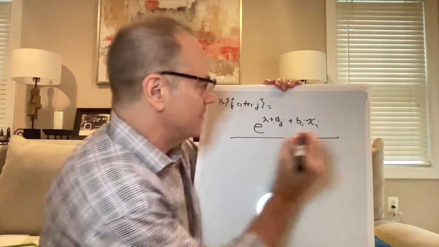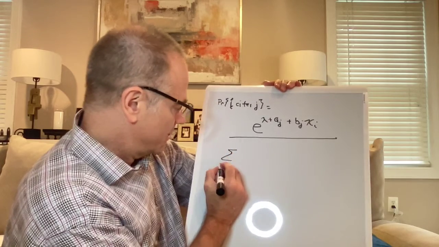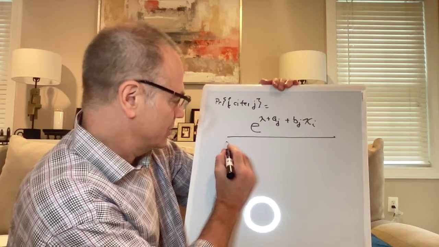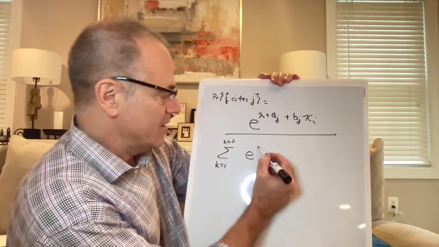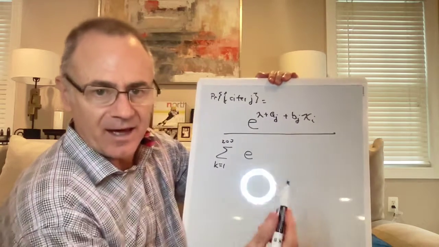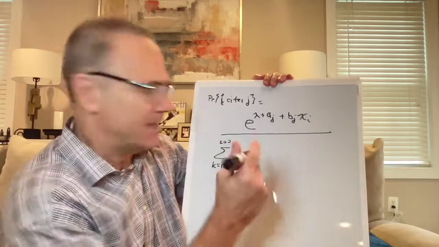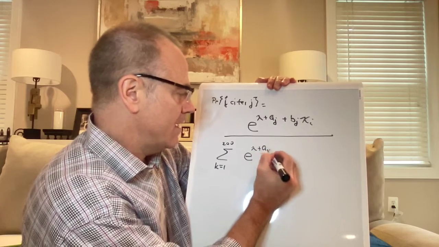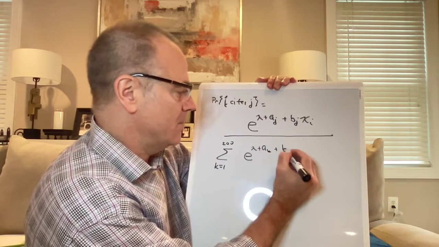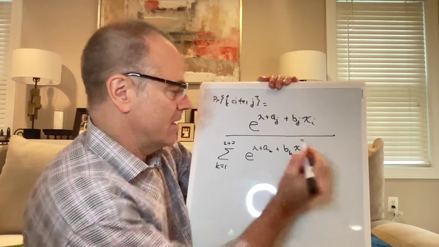And this is all divided by the summation k equals 1 to 200 of e to the, now I would put a sub k, that's what I had before, but I've added lambda to all the a's. So now I'm going to have lambda plus a sub k plus b sub k times x i.